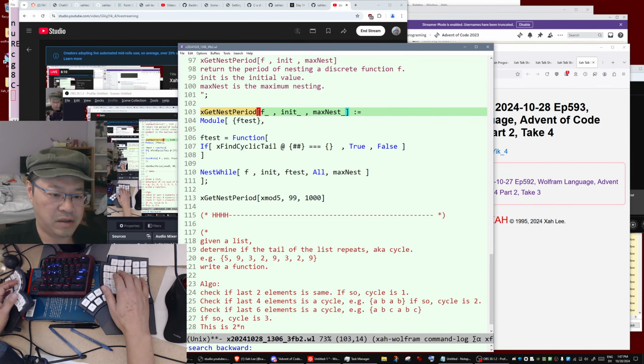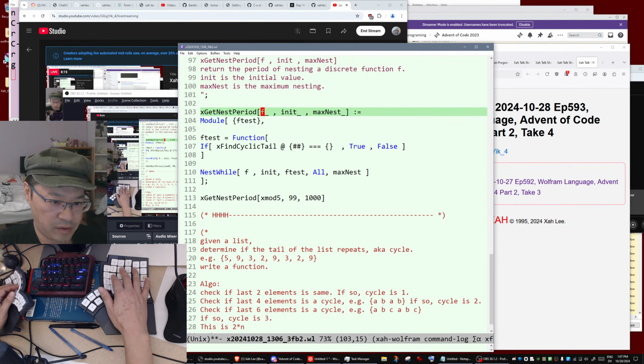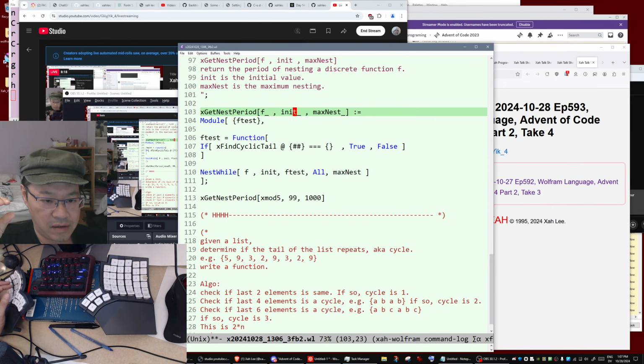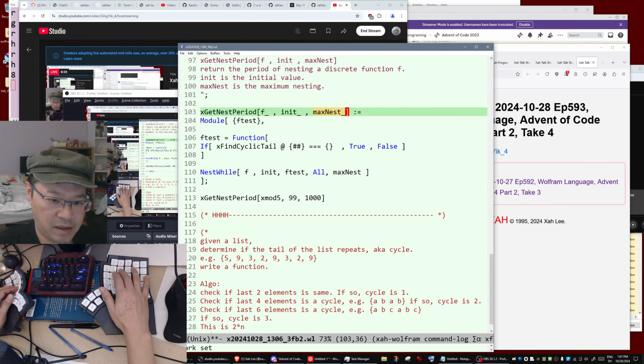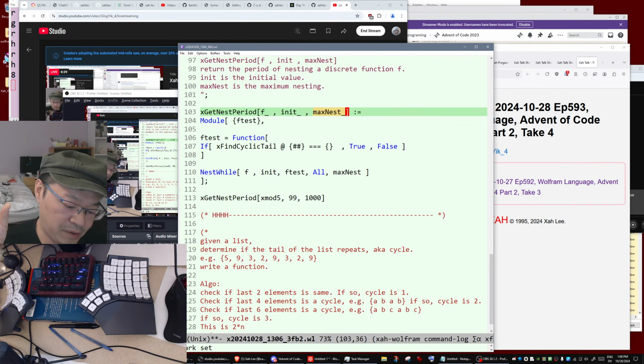So the function takes a function f, then takes the initial value, f evaluated at the initial value, then feeds the output back to the function and repeats. So you nest this function, and you want to see if the function is cyclic, periodic. You want to try a max nest number of times, because the function may be periodic, but the periodicity is 1 billion.